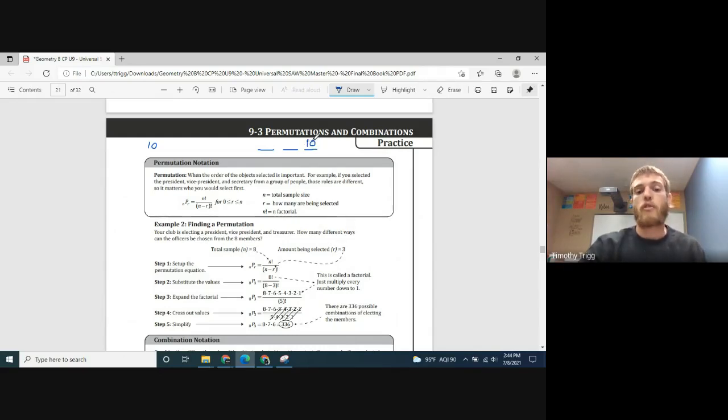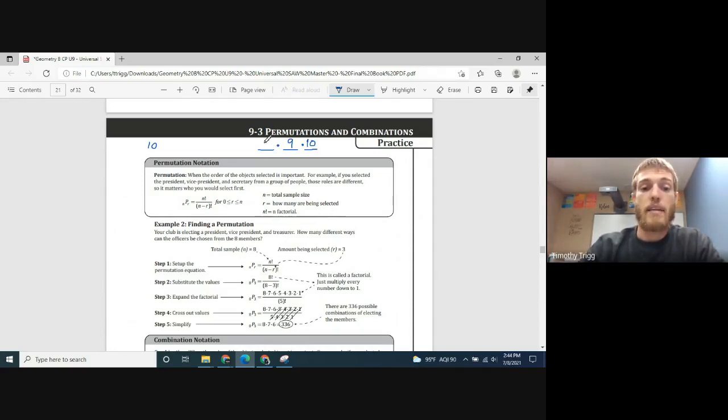Now, once first place is established, once someone crosses the finish line and gains first place, how many different people could get second place? Well, 9, right? Because first place was already crossed. So now there's only 9 different people who could get second place. And once second place is done, how many different people could get third place?